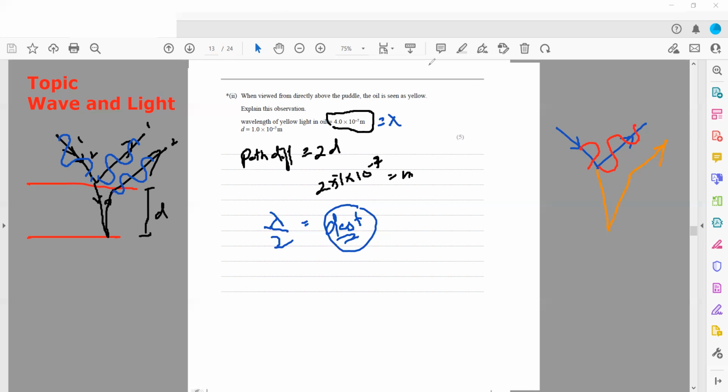But because the total distance it covers is half of the wavelength, when it comes out it will also come out as a trough. So when the two waves now combine with each other, what do they give rise to? They will give rise to a constructive interference. So the two waves are in phase, and when they meet at the top of the oil, they will have a constructive interference.